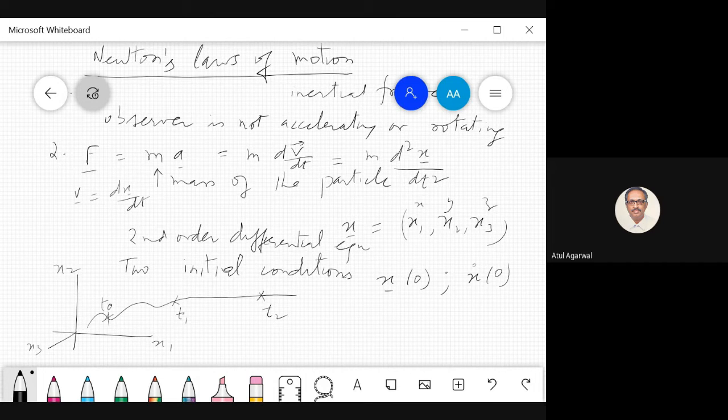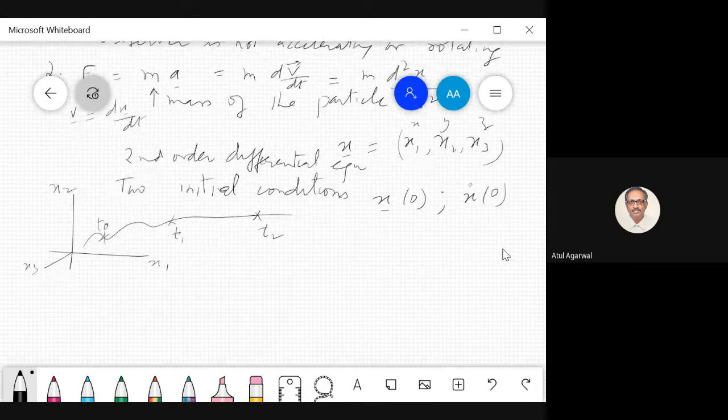You build that up with the help of initial conditions and the equation of motion. This is also called the equation of motion. Third law, all of you know: action and reaction are equal and opposite, and they act on different bodies. It gives you the characteristic of force.